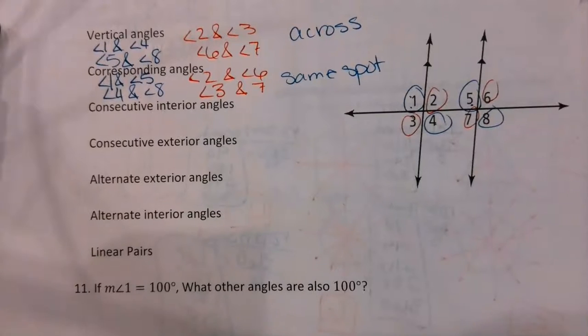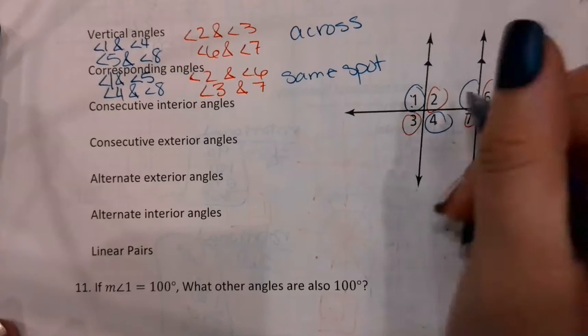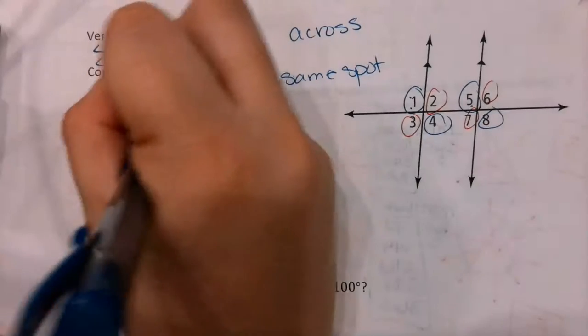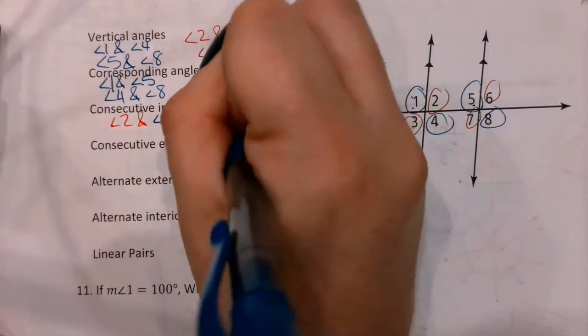Consecutive interior means they are both on the inside, on the same side of the transversal. So I'm going to have 2 and 5. And then I'm going to have 4 and 7.